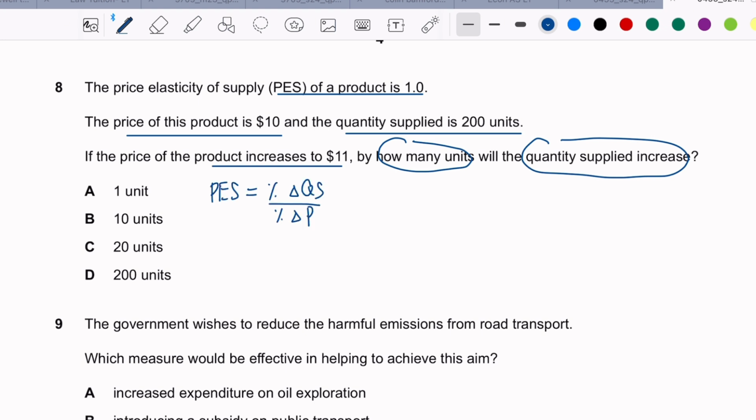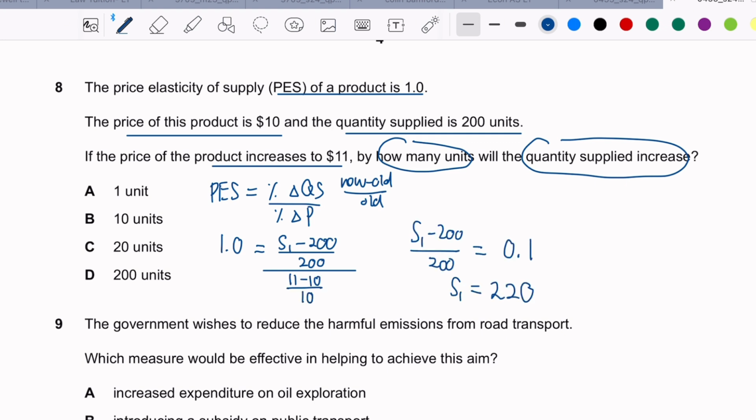PES equals percentage change in quantity supplied divided by percentage change in price. So PES is 1. And now we need to find the quantity supplied increase. So the new one we represent as S1 minus the old one, and new price minus old price divided by the old price.